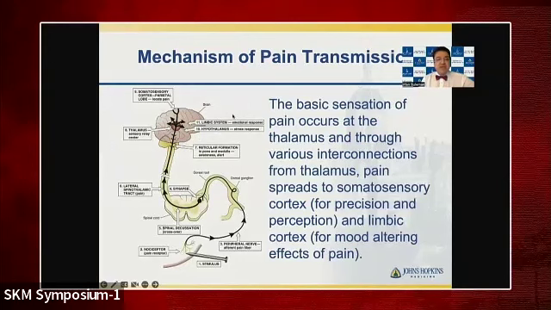That changes emotions, so the patient can start having anxiety or depression. This is an important thing to understand: in chronic pain, especially pediatric pain, there are most of the time some emotional issues going on. So it's very, very important to identify and treat them simultaneously.